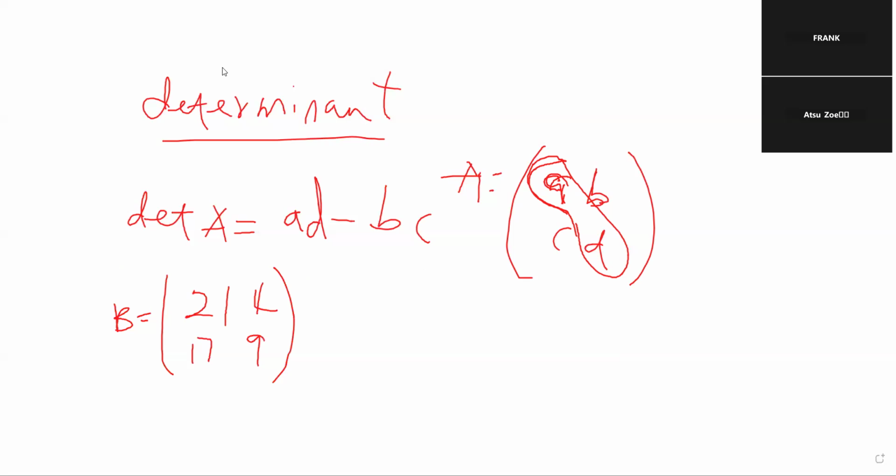So what's the answer? 189 minus 68, which is 121. That's right.